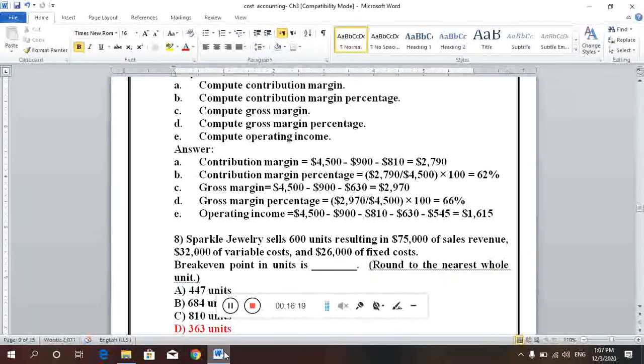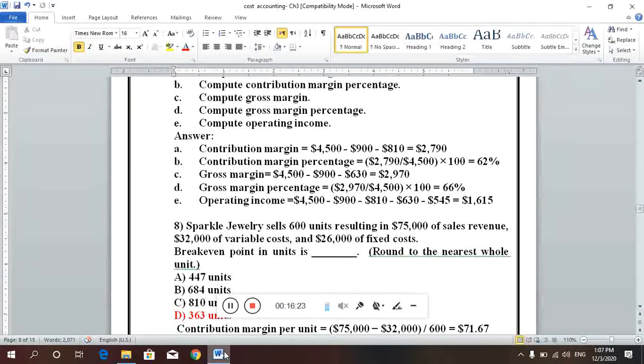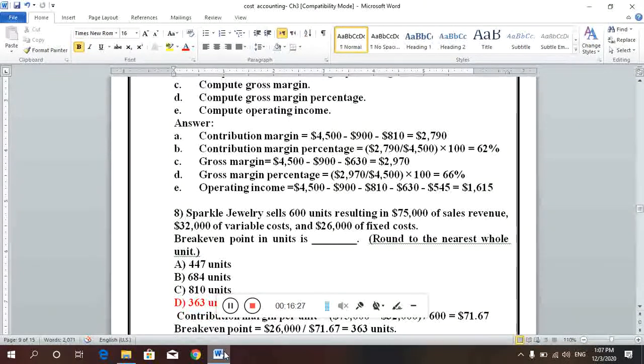Number 8, Sparkle Jewelry sells 600 units, resulting in $75,000 of sales revenue and $32,000 of variable costs and $26,000 of fixed costs. He needs to compute break-even point in units.